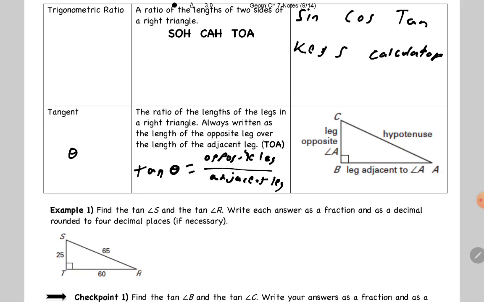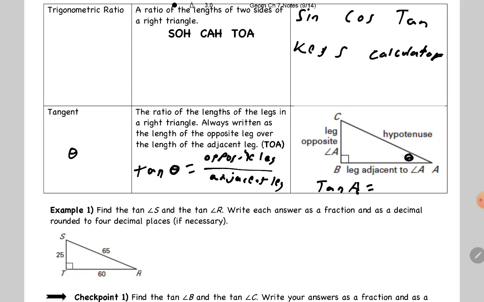So let's look at the pieces of a triangle. If I wanted to do the tangent of angle A, I would say tangent of A. Here's my angle, so I'm just going to call it theta. Tangent of A would be equal to the opposite leg.